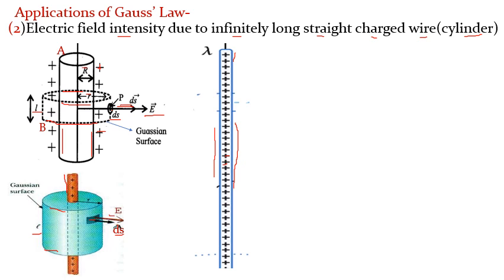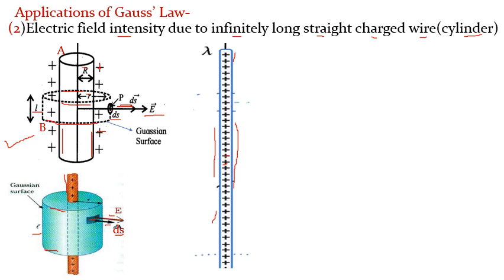The direction of E and the direction of the normal are shown. This diagram and this diagram are shown only for better understanding. But at the time of the exam, you have to draw only this diagram. You will not draw these two diagrams. Got it? Now start the explanation or description.